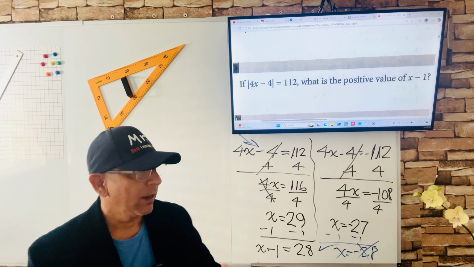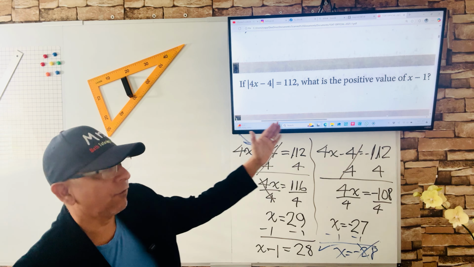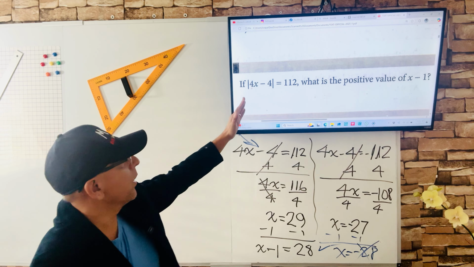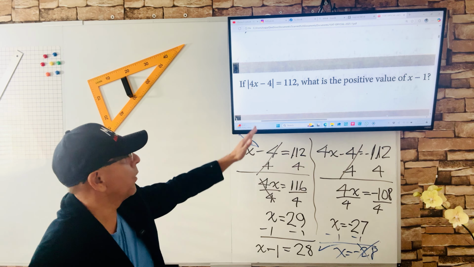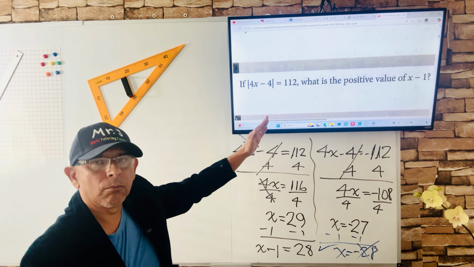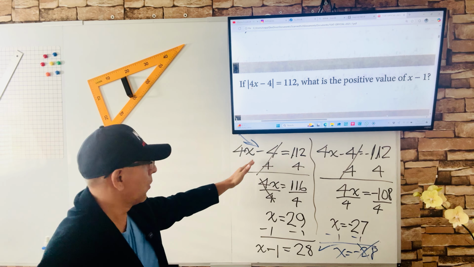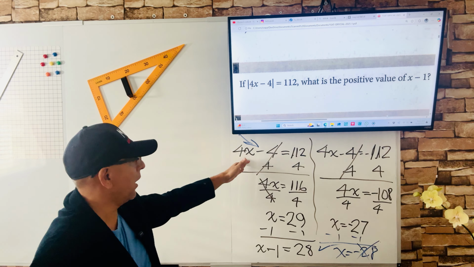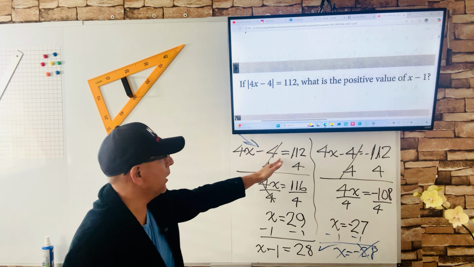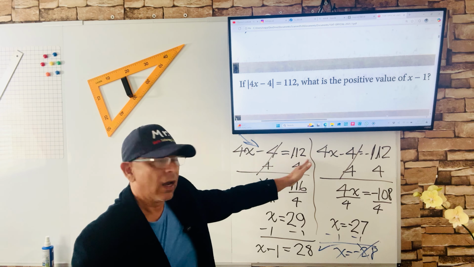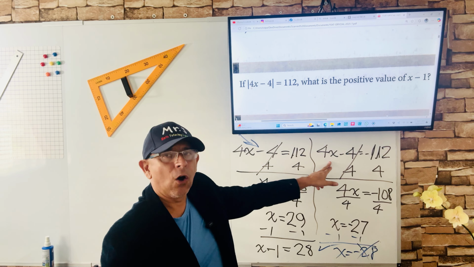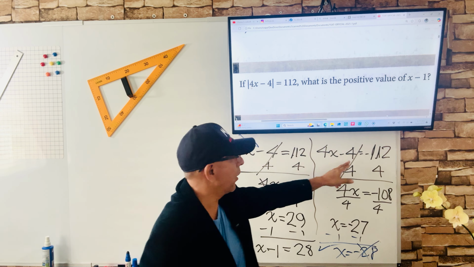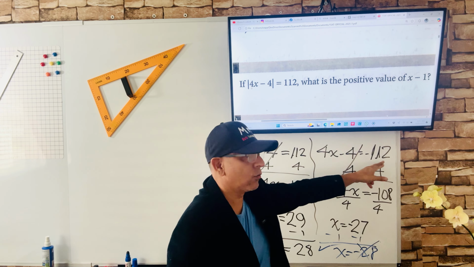That's why in this case the way to solve this one is we are going to write this equation exactly the same but without the absolute value bars. So in this case we have 4x minus 4 equals 112. However, I have another equation here that is almost the same: 4x minus 4 equals minus 112.